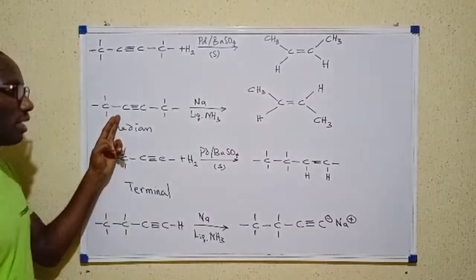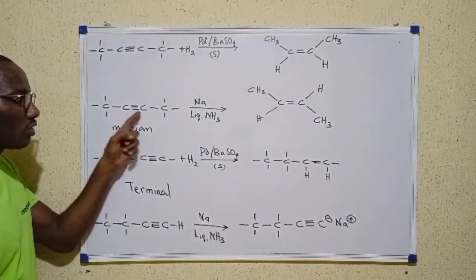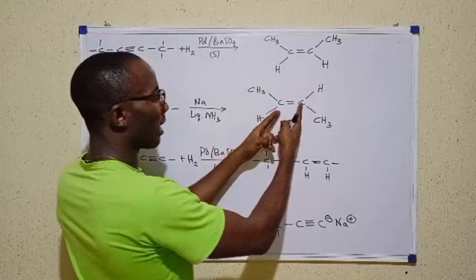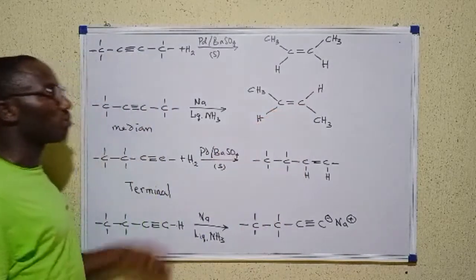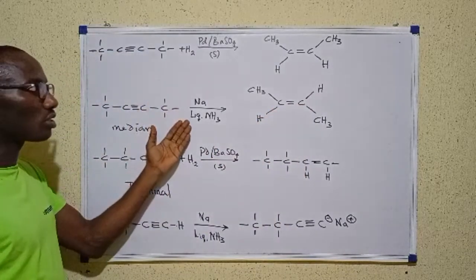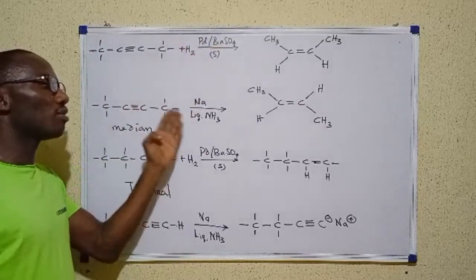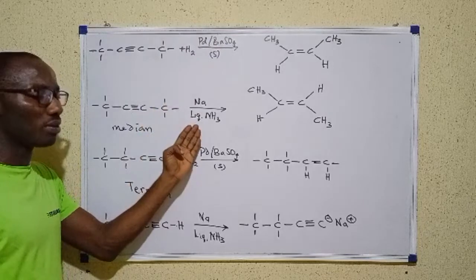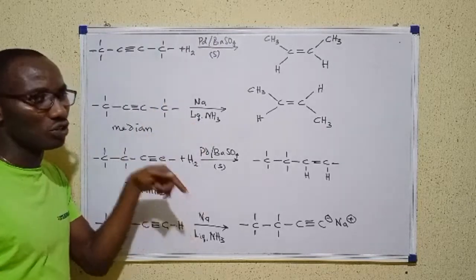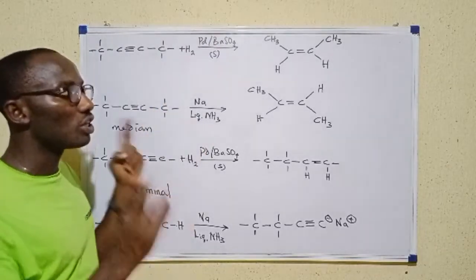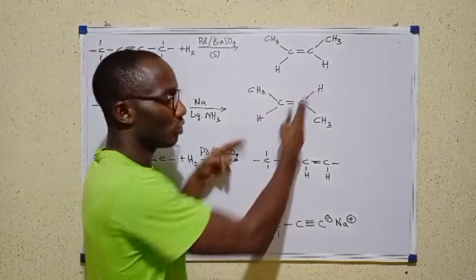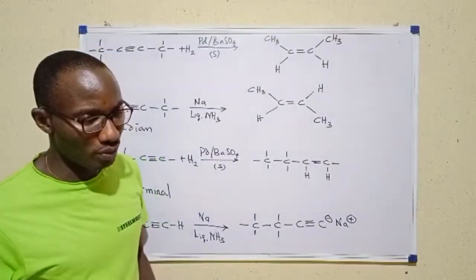In this lower case as well, you see that these two middle carbons have acquired hydrogens. So it means that for these two reactions, where we use palladium with barium sulfate and sulfur, and the reaction where we use sodium in liquid ammonia, the same change took place. And what's that change? The introduction of two hydrogens to the carbons of the double bond.